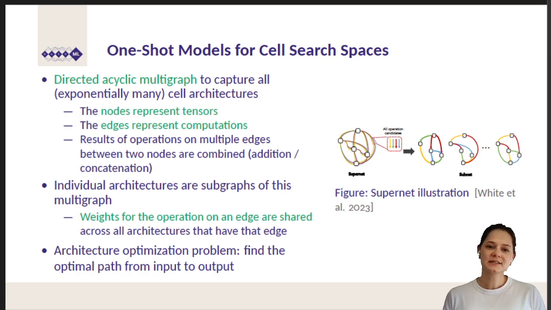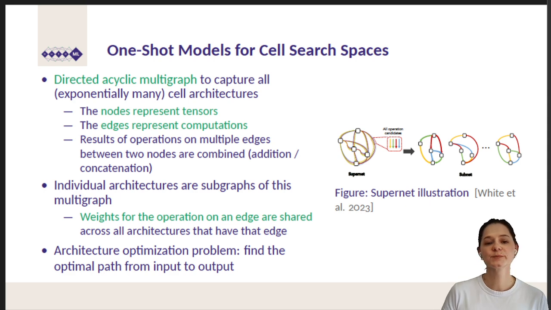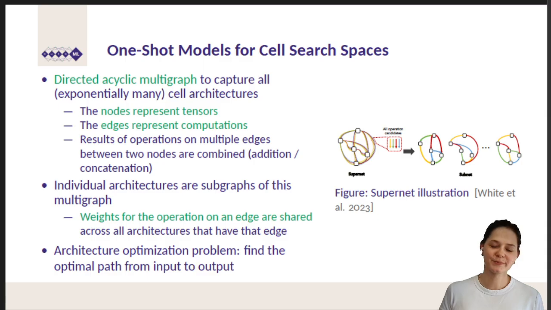So the overall idea is based on directed acyclic multigraphs to capture all exponentially many cells in cell architectures. Why cells? So the idea of one-shot methods became very popular in cell-based search spaces, so we will focus here also mostly on cells now. So as I mentioned, we have a directed acyclic multigraph where the nodes represent tensors or feature maps and the edges represent the computation between the nodes.